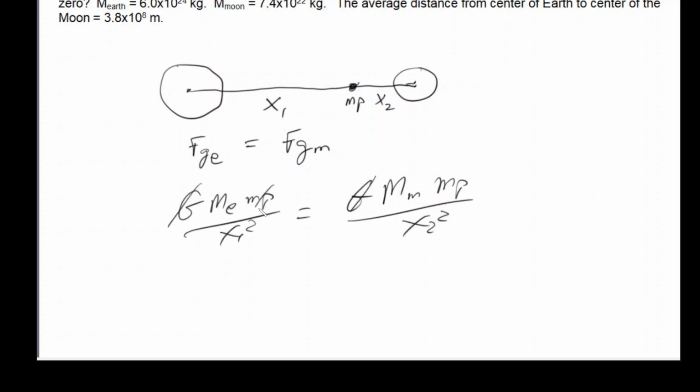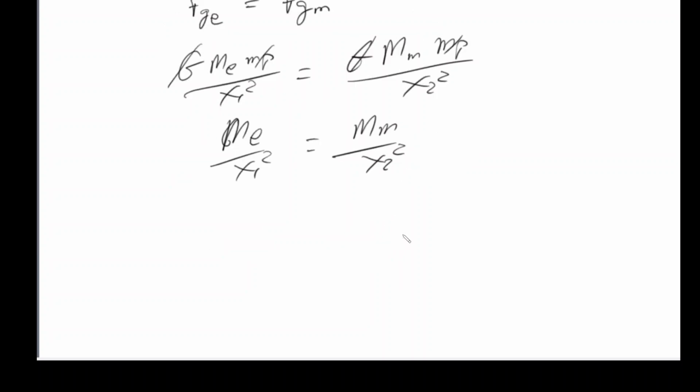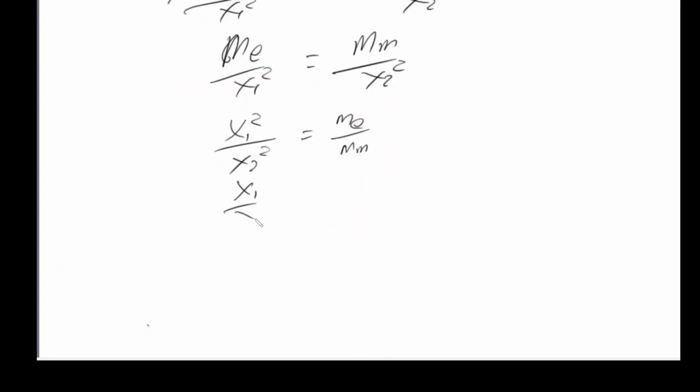Those cancel out, those cancel out, and we get mass of the Earth over x1 squared is equal to mass of the Moon over x2 squared, or x1 squared over x2 squared is equal to mass of the Earth over mass of the Moon, or x1 over x2 is equal to the square root of mass of the Earth over mass of the Moon.